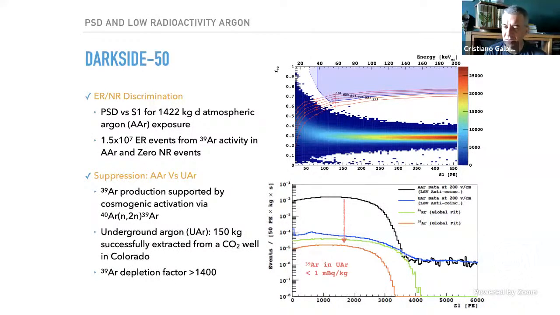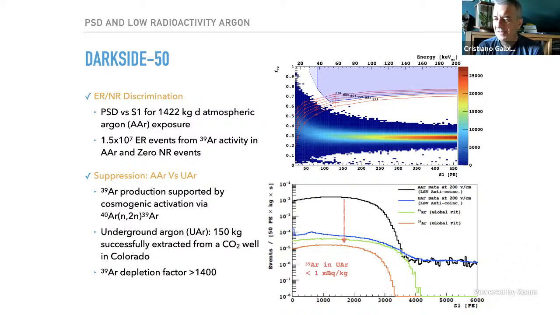So it's argon from underground sources. This has one very big advantage, which is to tackle one of the features of argon that makes it very difficult to scale to very large masses. Argon, as we said before, has an excellent capability of discriminating nuclear recoils from minimum ionizing events. But one element that makes the search for dark matter with argon difficult is the presence of argon-39.